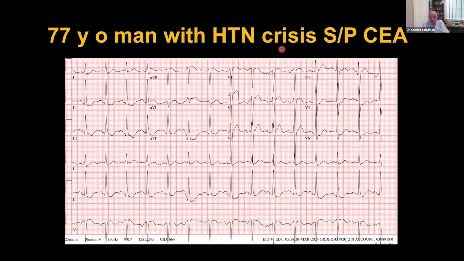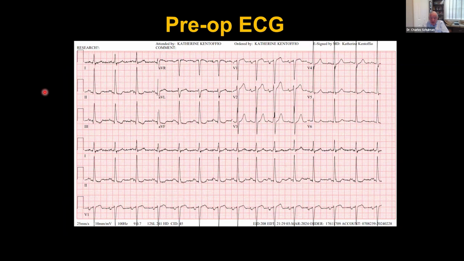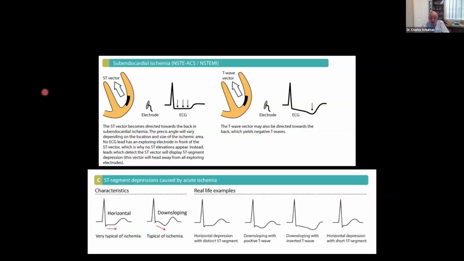He had extreme hypertension and then developed chest pain and had this ECG, which has ST depressions in the inferior and lateral leads, as you can see here. Okay, and compare that to his preoperative ECG. So here's the pre-op tracing. Sorry about that.